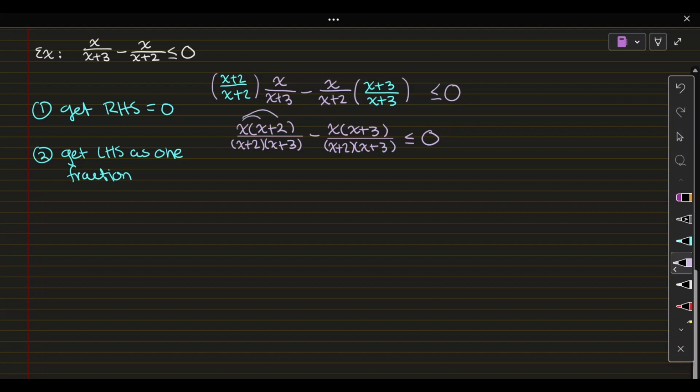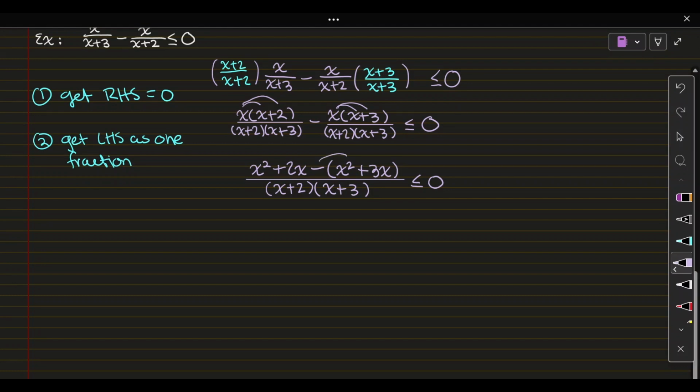So I'll do that at the same time. So in the numerator, I have x squared plus 2x minus x squared plus 3x over x plus 2 times x plus 3 less than or equal to 0.